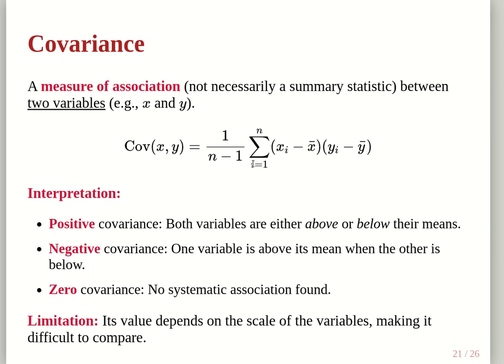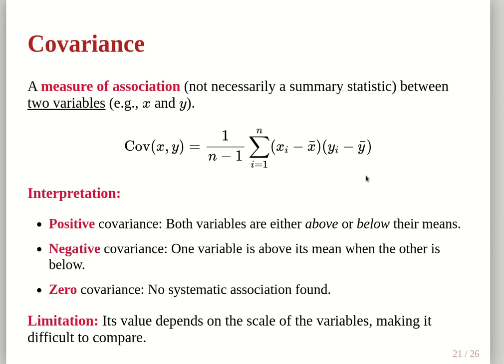So once I have done that for every participant or every observation that I collected across my two variables, I'm going to multiply that by this little fraction, so I'm going to end up just dividing that by n minus 1. Again, a correction that we're not going to be concerned with.